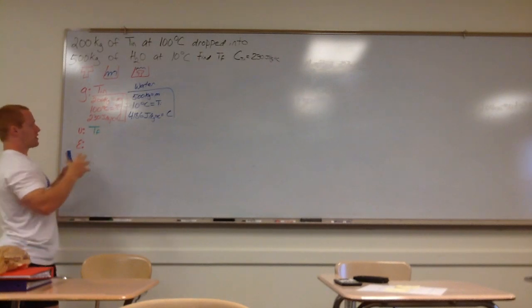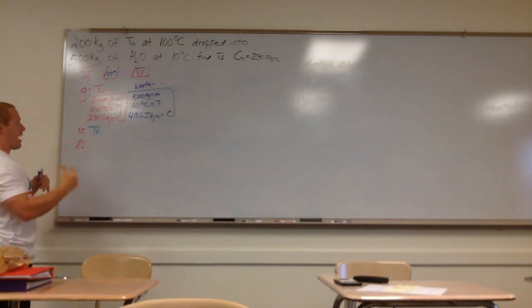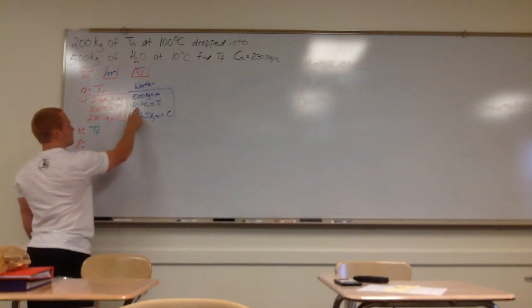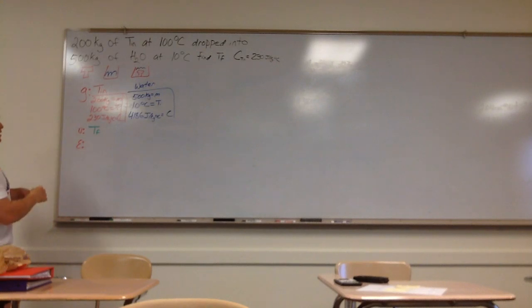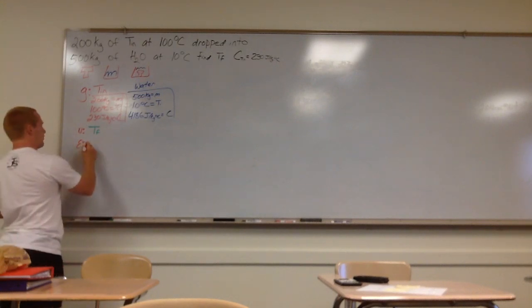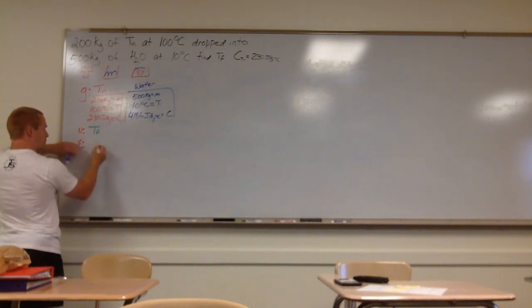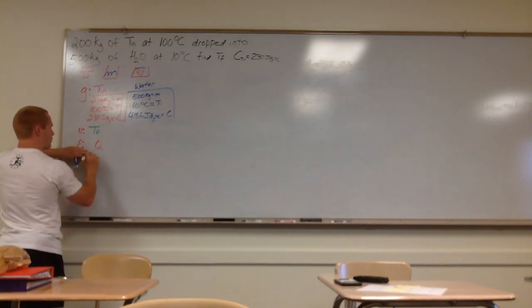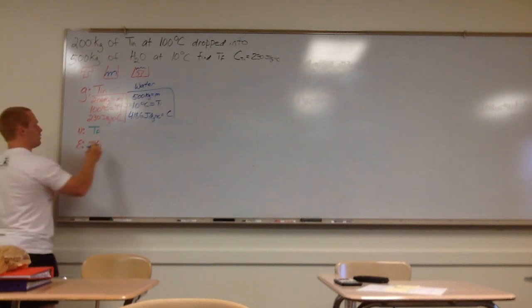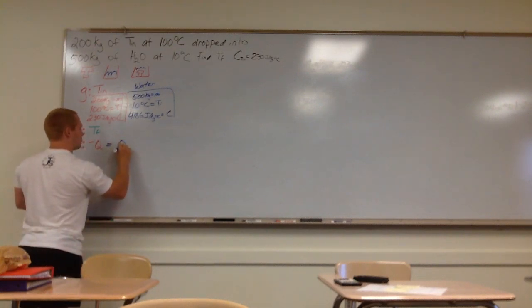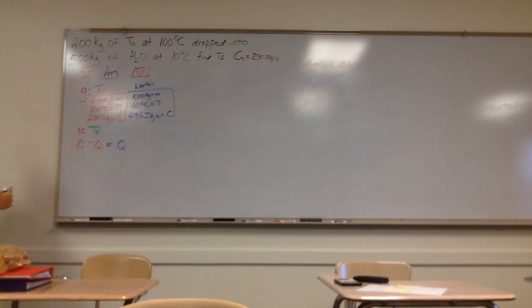So the one that starts with the higher temperature is going to be the one that's negative. So if you look at the TIs, 10 degrees Celsius, 100 degrees Celsius, 100 is the one that's going to be losing energy. So what that means is its energy, which remember we write as capital Q, is going to be negative. And it's going to equal the positive Q of the water.